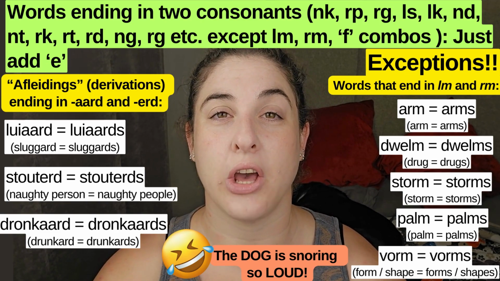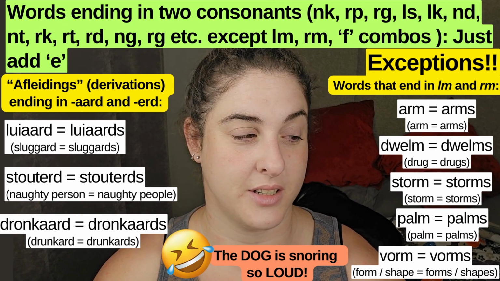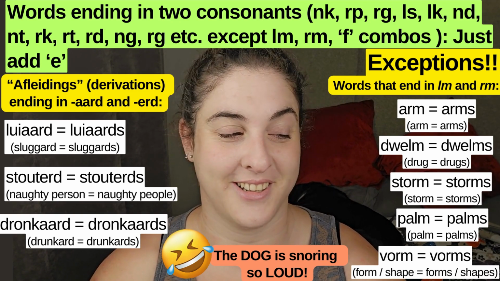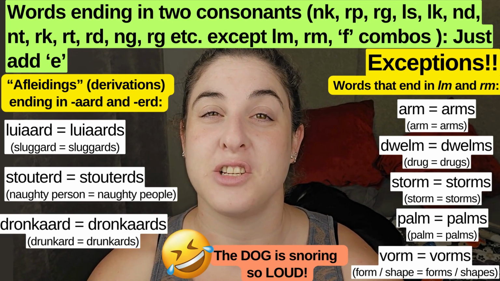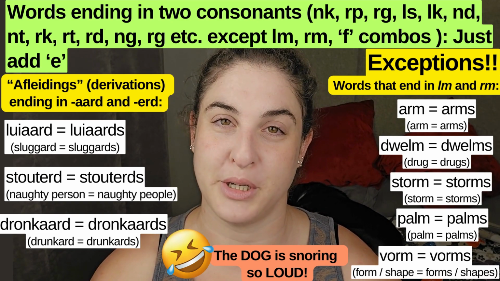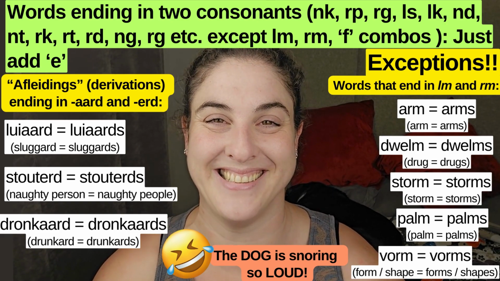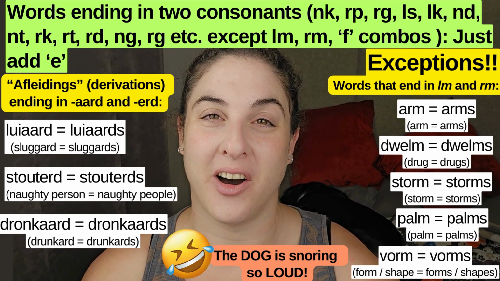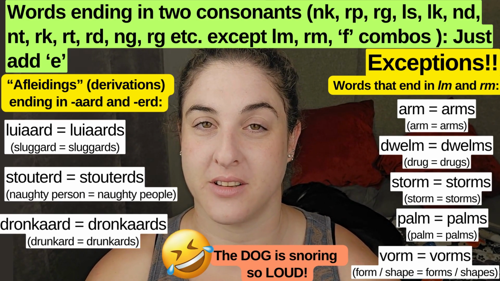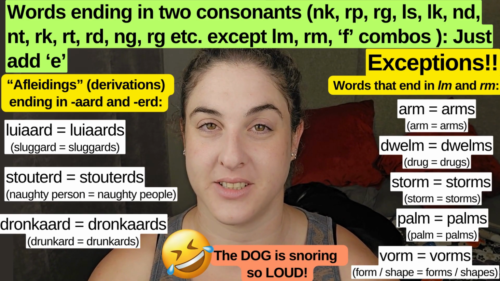Luiaard, luiaards, just an S. Sluggard, sluggards. Stouterd, stouterts, naughty person and naughty people. Dronkaard, dronkaards. That's a drunkard and drunkards.